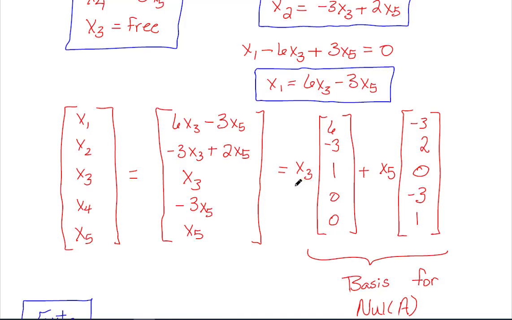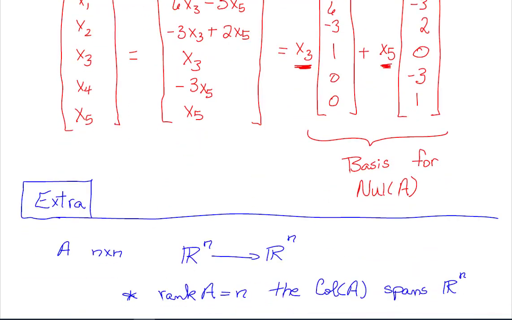And so now if I split this in terms of x3 and x5, I get my basis for my null space, which, remember, the dimension of the null space is 2, so my basis has 2 vectors. They are from R5 because there are 5 components.